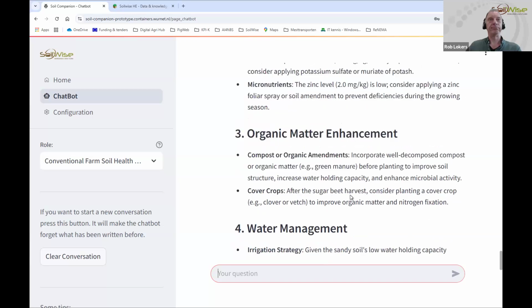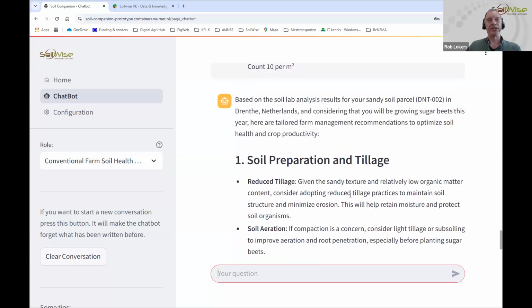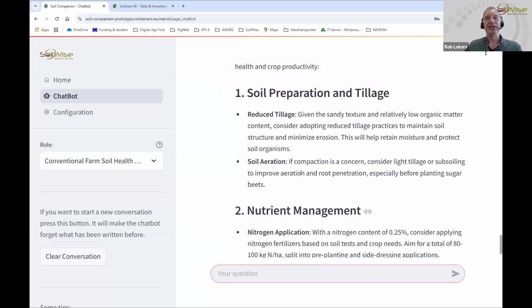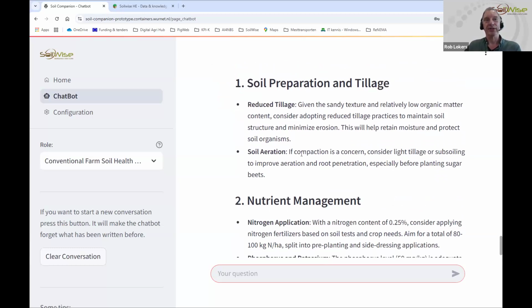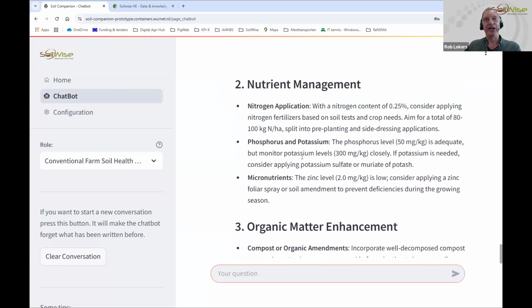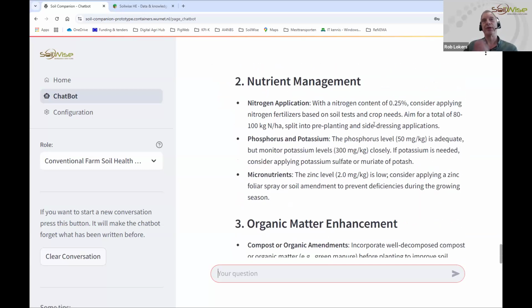So you can see, and I'm not a soil expert or agronomist, so it's hard for me to judge how good or not good it is. But it says, given the sandy texture and relatively low organic matter, consider adopting reduced tillage practices to maintain soil structure and minimize erosion. It, for instance, says with a nitrogen content of 0.25%, consider applying nitrogen fertilizers.